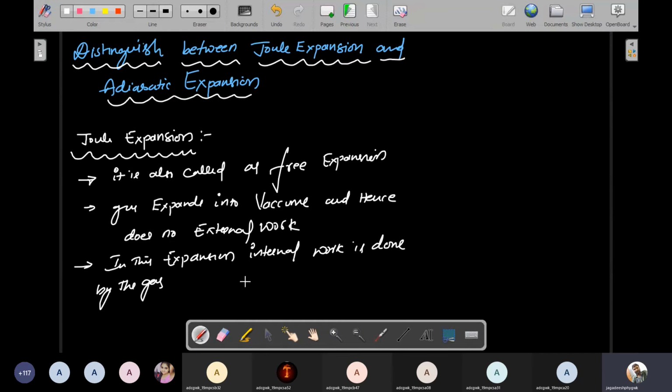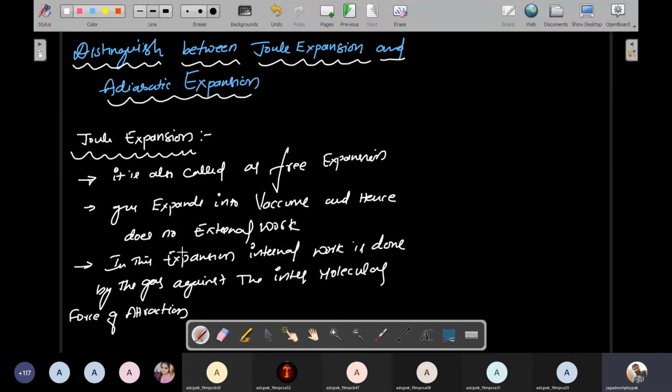In this expansion, internal work is done by the gas against the intermolecular force of attraction. So in Joule expansion the gas does only internal work but not external work.